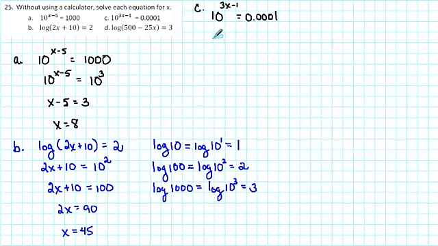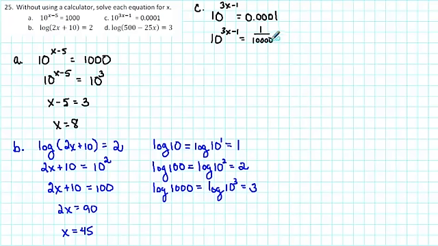So for this equation, we'll use a similar strategy to what we used in part A. We're thinking 10 to some power is equal to 0.0001. Well, this decimal is 1/10,000, so we can write this as 10 to the 3x minus 1 is equal to 1 divided by 10,000.